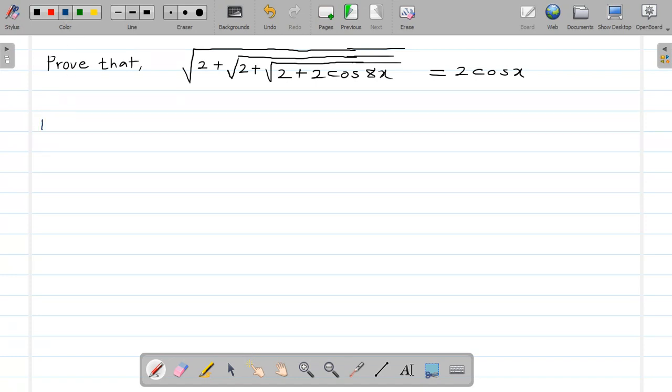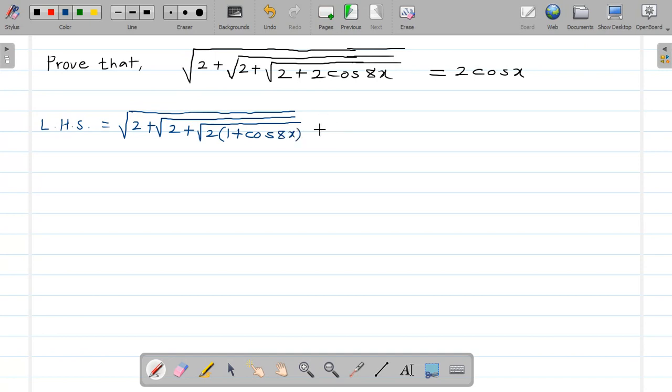For that I will write the LHS first. This is the first root 2 plus, in that another root 2 plus. Now in that third root I will take 2 common and write it as 1 plus cos 8x.